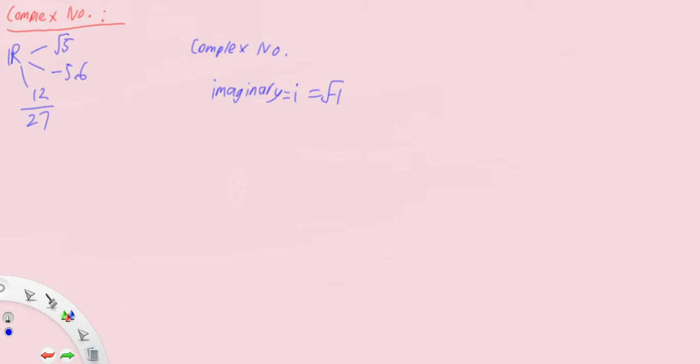So this is the core concept behind complex numbers, where we're going to be looking at i, root minus 1.